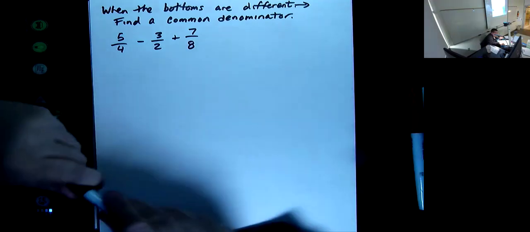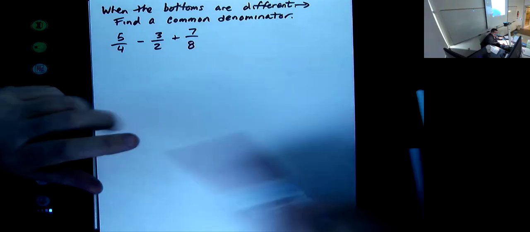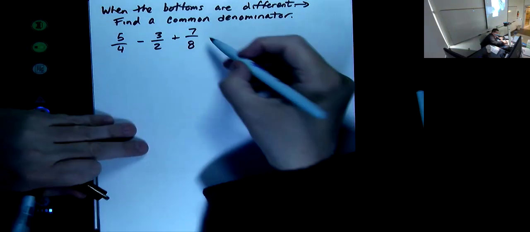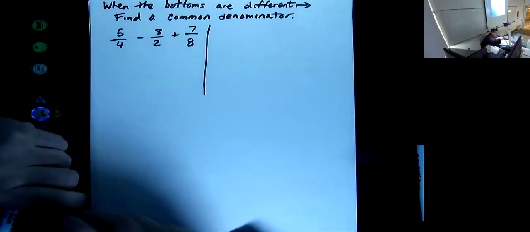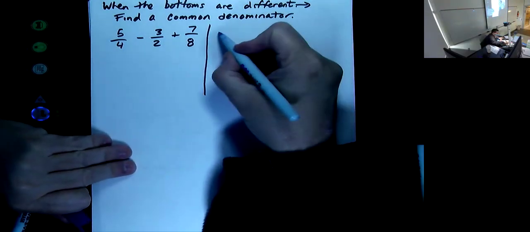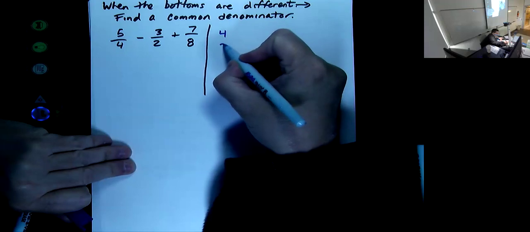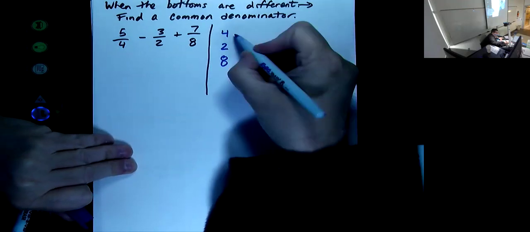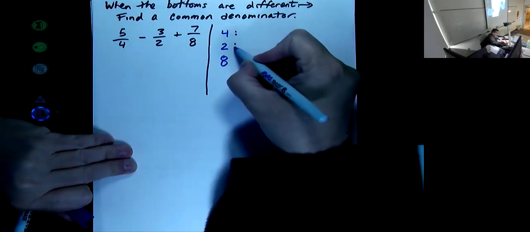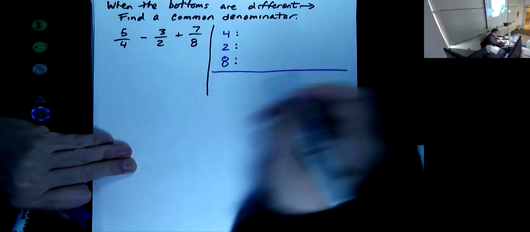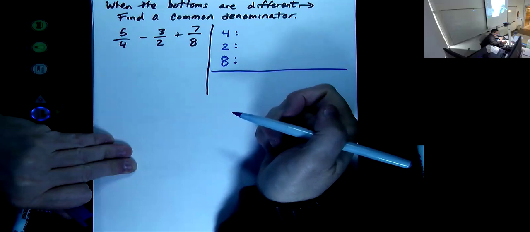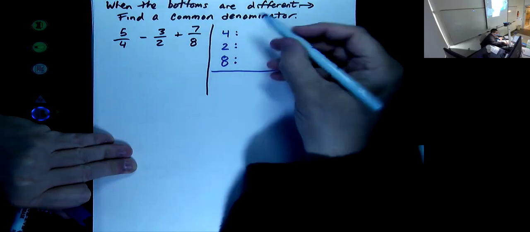One way of finding the common denominator, I'm going to do this over here on the right. You may like it, you may not. What I'm going to do is write each of the denominators down. And then I put a little colon to show this is a column over here. And then I'm going to write the factors of each number.